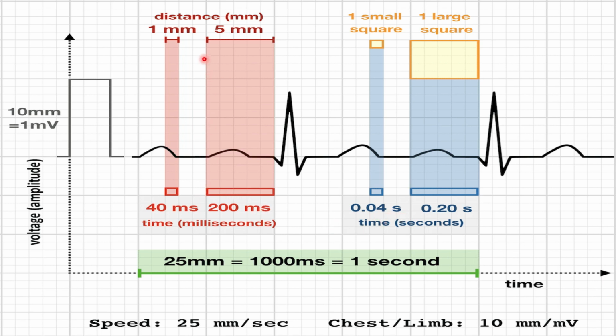Similarly, one large square consists of 1, 2, 3, 4 and 5 small squares which is equal to 200 millisecond or 0.2 second. Now 5 large squares are equal to 1 second. When we look at the voltage on vertical axis, we can see that 10 millimeter or 2 large squares are equal to 1 millivolt.